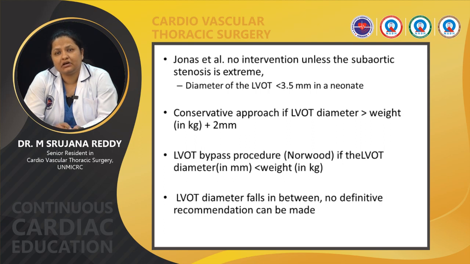If the LVOT diameter is less than the weight of the child, then LVOT bypass procedures like Norwood may have to be performed. If the LVOT diameter falls in between, there is no definite recommendation which can be made.